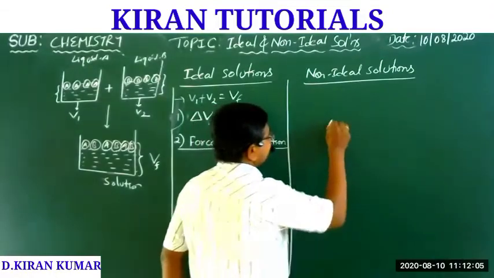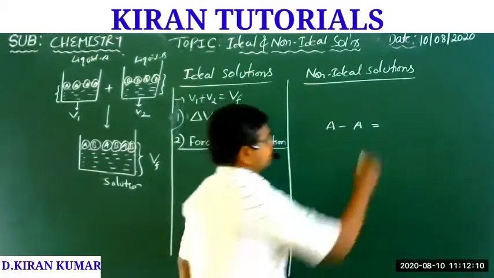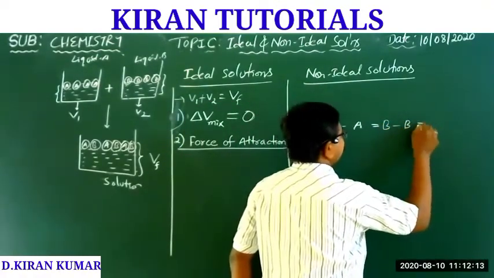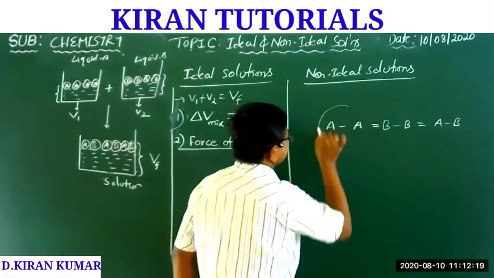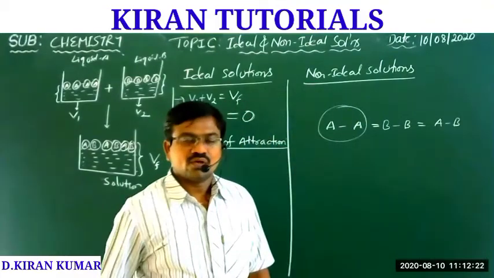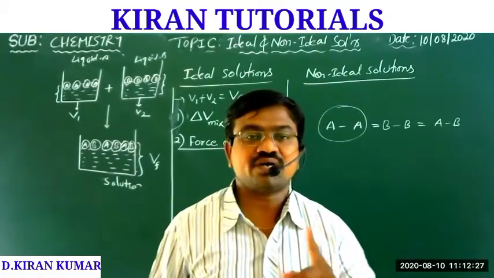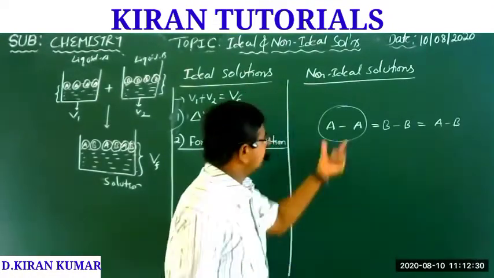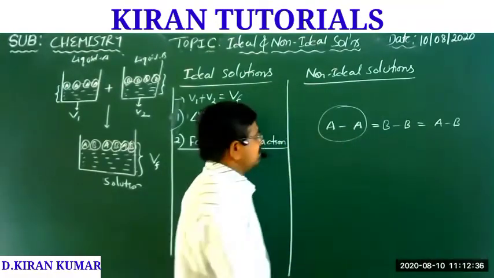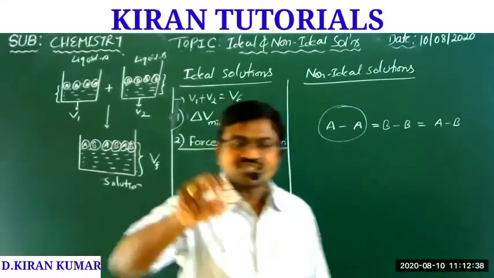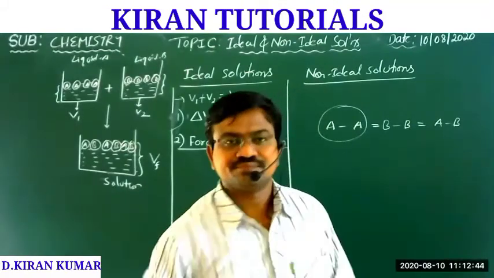See here, the force of attraction AA is equal to BB is equal to AB. Listen. In the first liquid, which consists of A molecules, there is a force of attraction between these A molecules. To form a solution, we have to break the bonds between AA and BB.